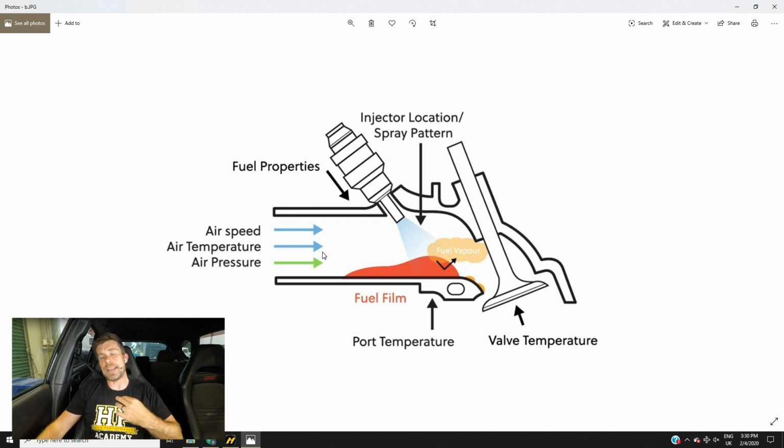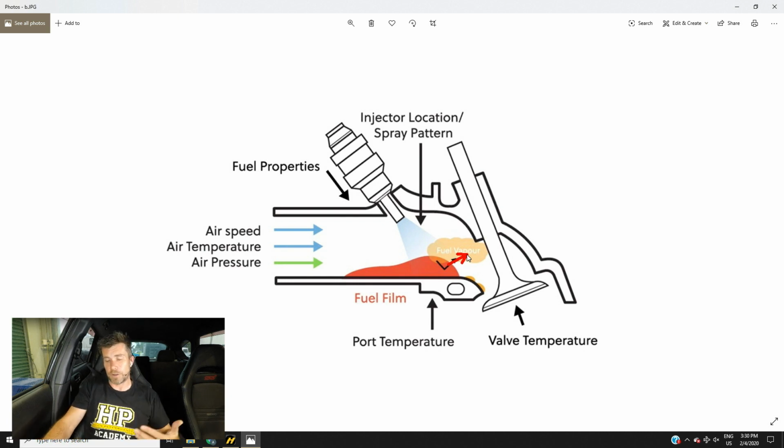So what we then have is a situation where momentarily the fuel that's coming out of the injector, instead of being injected and then making its way into the cylinder, goes into increasing the size of that fuel film. And at the same time, while that fuel film is increasing in size, we've got less of our fuel being vaporized off.